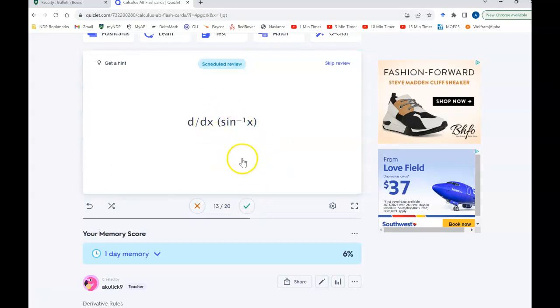When you put it like that, it makes sense. Tangent is sine over cosine, so secant squared, because cosine is the bottom. That's the way I memorize them.